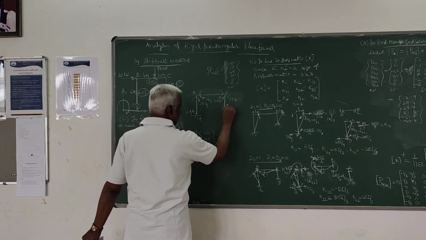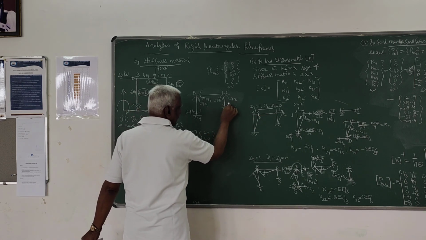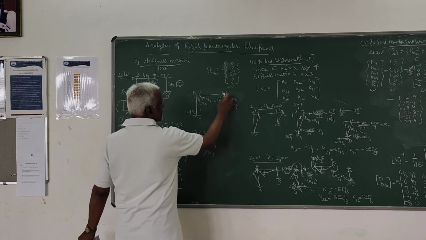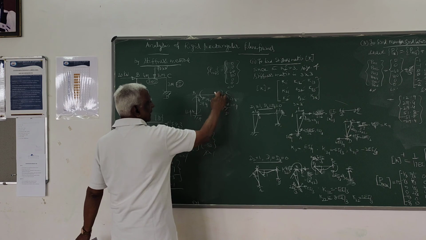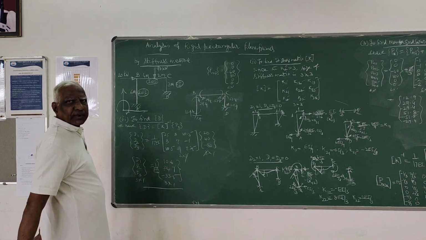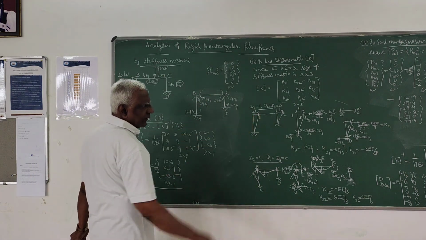And lastly PM6, it is also negative. Negative means anti-clockwise, that is 29.4. Here also MCB plus MCD is 0. That's the equilibrium condition that is perfectly satisfied. These are the final end moment results.